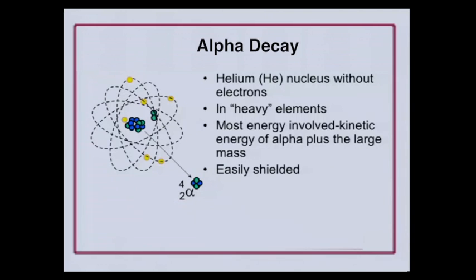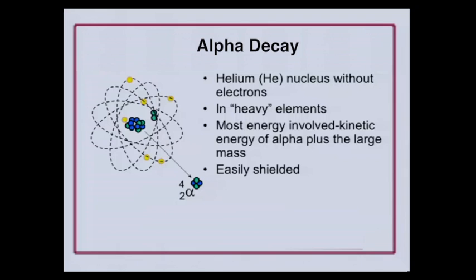Without the electrons, it has a net positive charge of 2, which is a highly charged particle that has a really good mass on an atomic level, because you've got 4 AMU. So we have this big charged particle with a big charge. That tells us that it's going to be very reactive, it's going to interact readily, and because of that, it means that it can be easily shielded.